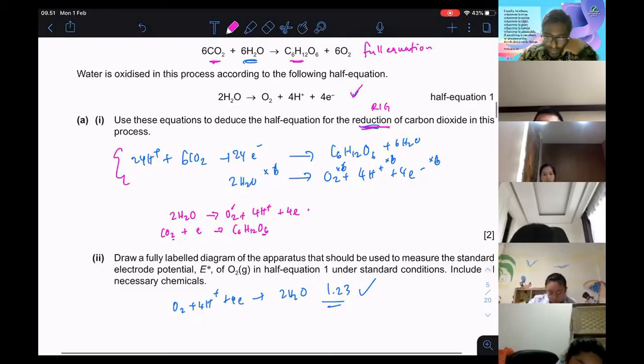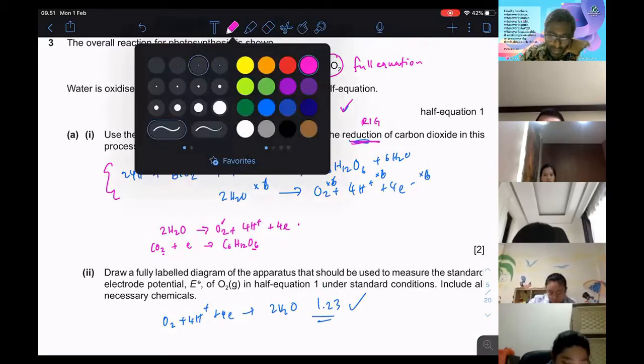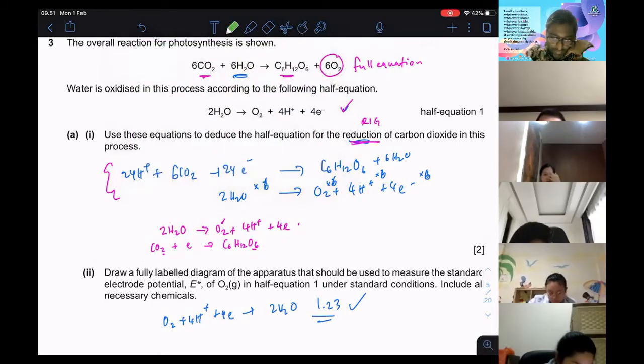And I notice from the entire equation there's 6O2. If there is going to be 6O2, then what I need to do is make sure that all of them have 6. So I end up multiplying everything by 6. So I multiply by 6, I multiply by 6, I multiply by 6.